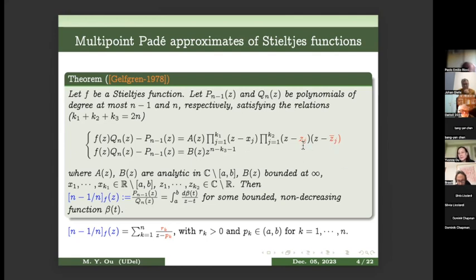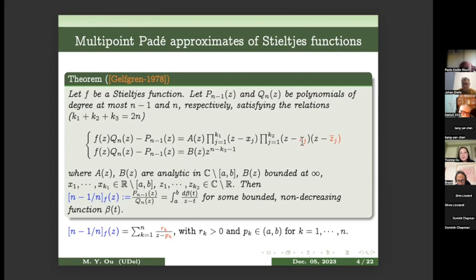This theory tells you that if you want to interpolate a Stieltjes function at a complex value, meaning the imaginary part is not zero, you call it zj. If I interpolate at zj, then you should also interpolate at zj bar, the complex conjugate. Okay, so that's one. And of course you can also interpolate at real values, and infinity. That is not important for my talk.